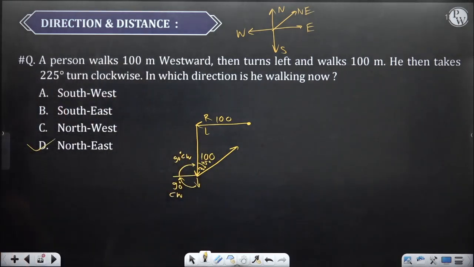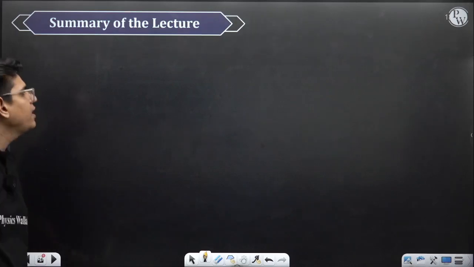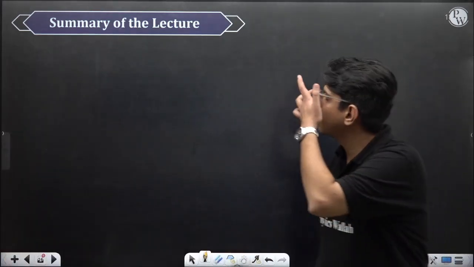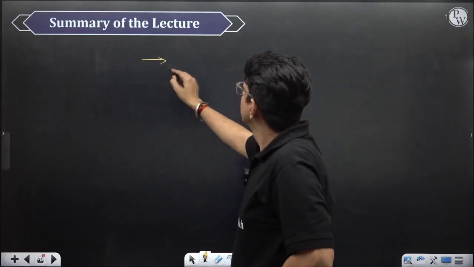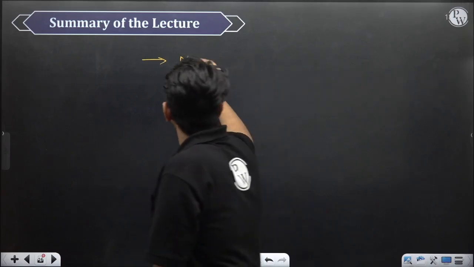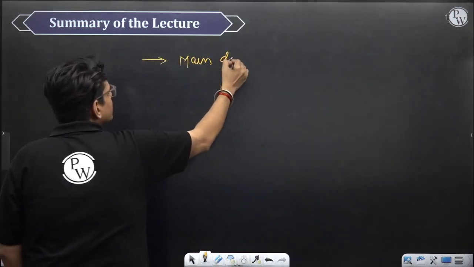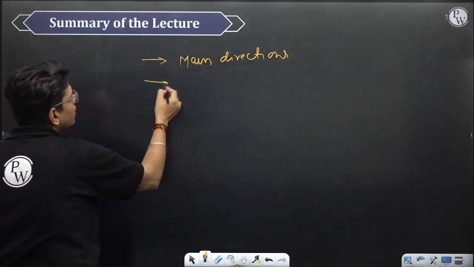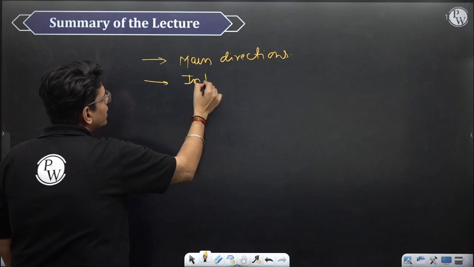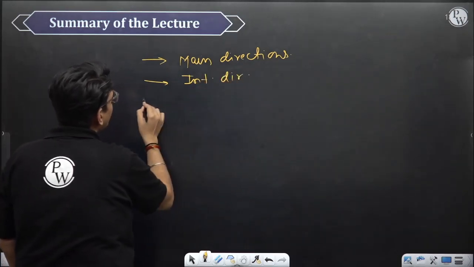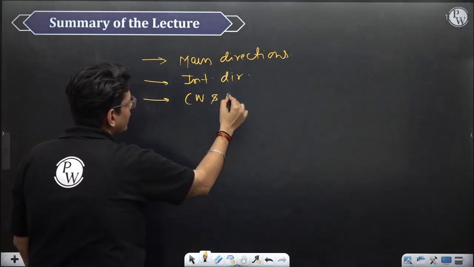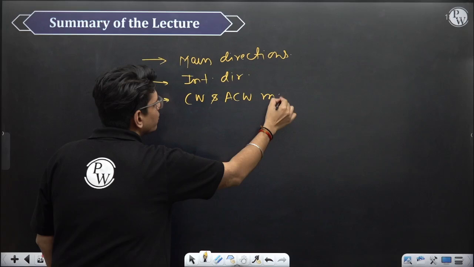We have solved every possibility of a question from the direction chapter, right? We first started with main directions, right? Then intermediate directions. After that, what? Clockwise, anti-clockwise movement.